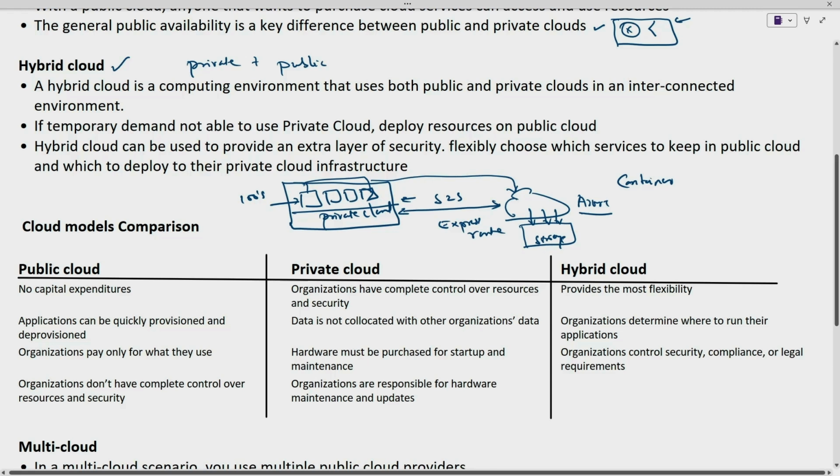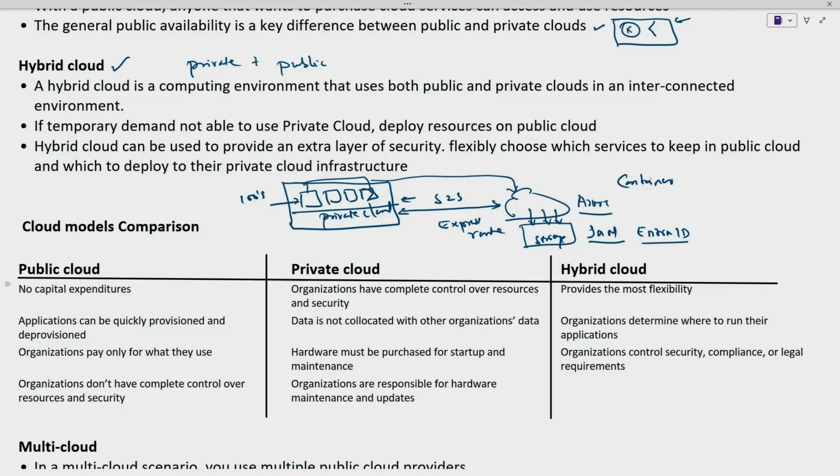Or if I wanted to use public cloud for identity and access management, I can use Entra ID for identity as a service so that all the services which are deployed in the private cloud can authenticate using the public cloud.